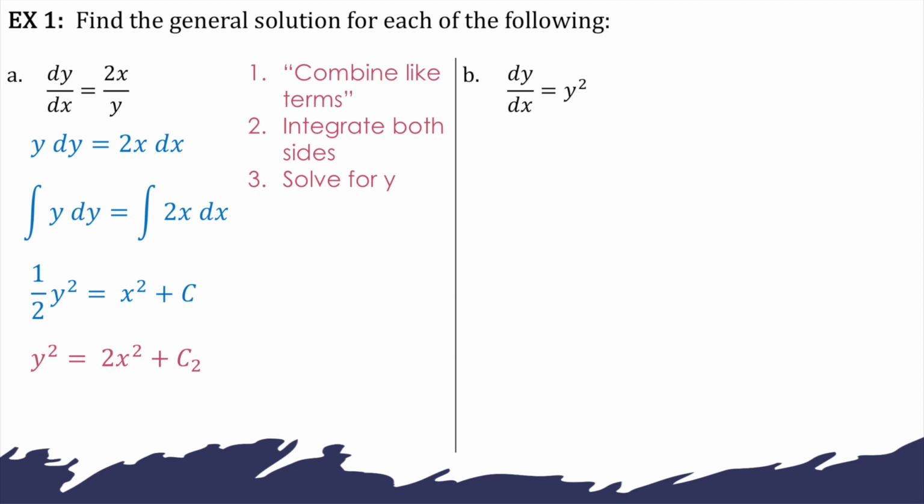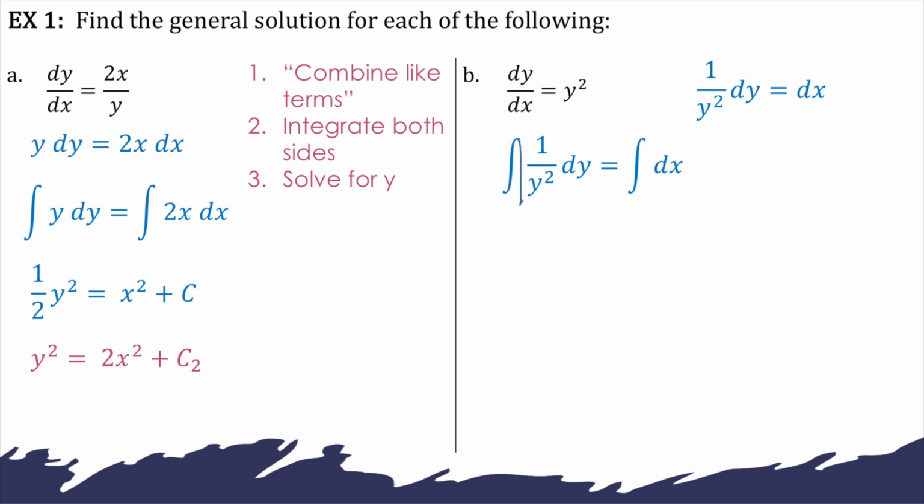All right, part B. dy/dx equals y squared. Again, we need to get all the x stuff on one side and all the y stuff on the other side. And just for consistency, I keep the y's on the left and the x's on the right. And then we'll integrate both sides.